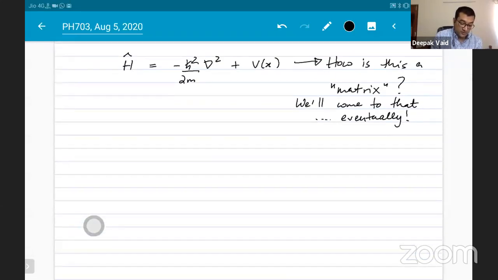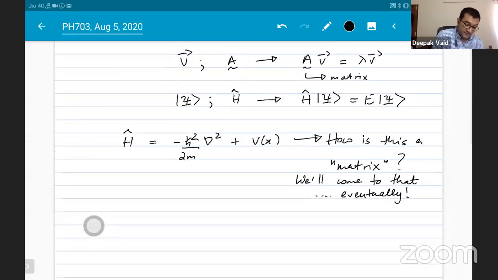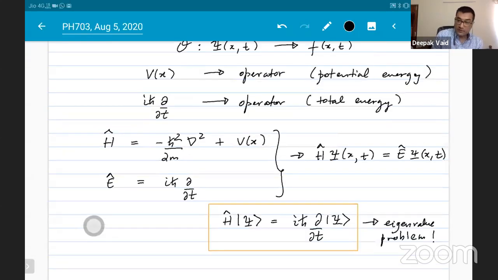Okay, so now, let's see. How does any of this help us? What is this equation actually telling us?